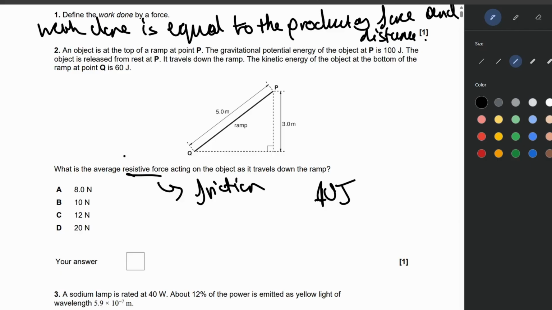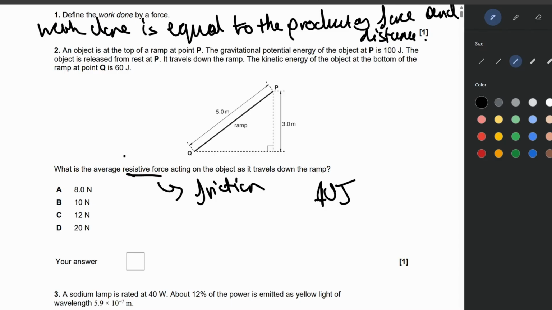So it's energy that's lost, the energy lost due to the resistive force acting on the object.